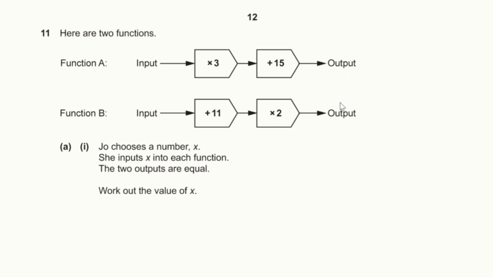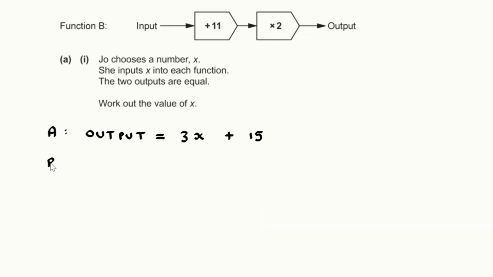If the two outputs are equal, well, if I consider A, my output is equal to, well, I take my input, I times it by 3, and then I add 15 to it.